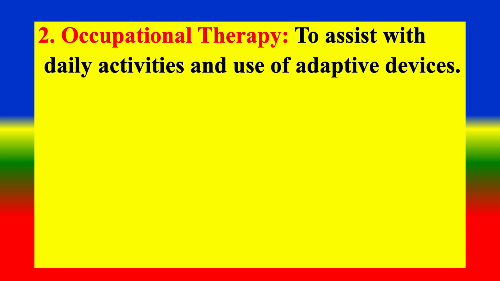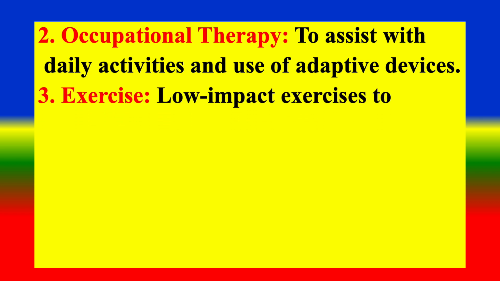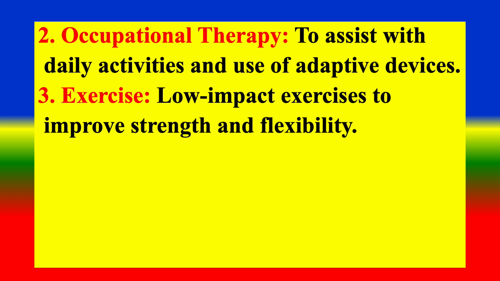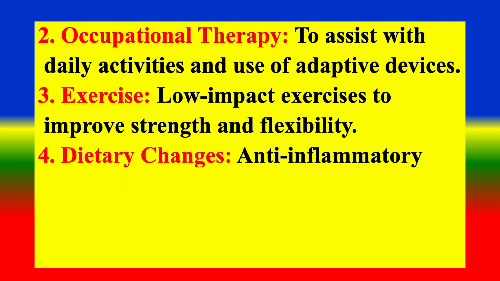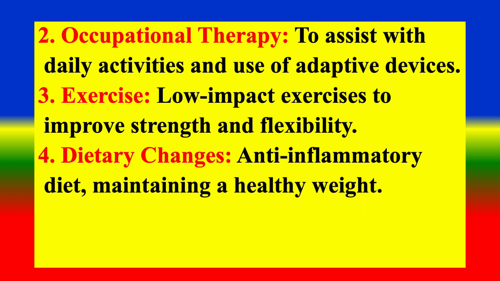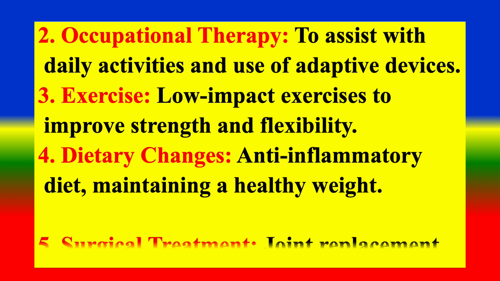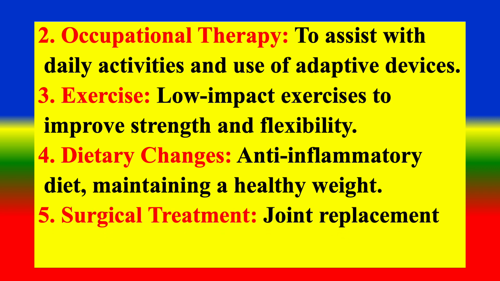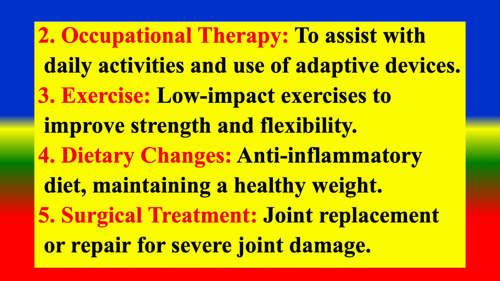Occupational therapy to assist with daily activities and use of adaptive devices. 3. Exercise, low impact exercise to improve strength and flexibility. 4. Dietary changes, anti-inflammatory diet, maintaining a healthy weight. 5. Surgical treatment, joint replacement or repair for severe joint damage.